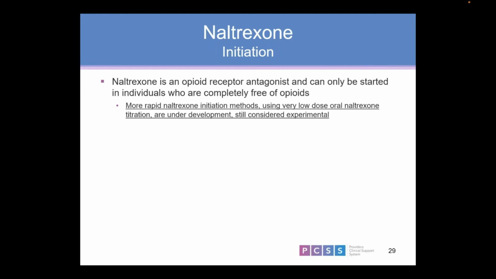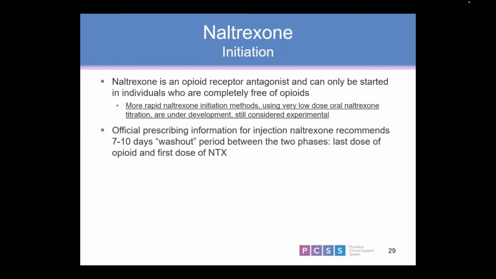More rapid naltrexone initiation methods using low-dose naltrexone can be effective, and we sometimes will give small doses of oral naltrexone to try to push more of the opiate receptors out of the system, and then titrate up on that prior to starting the medication.